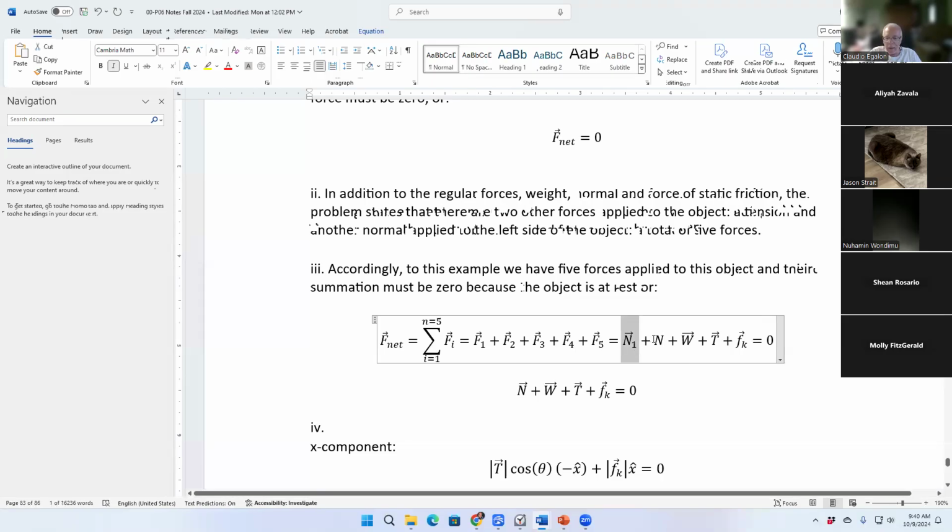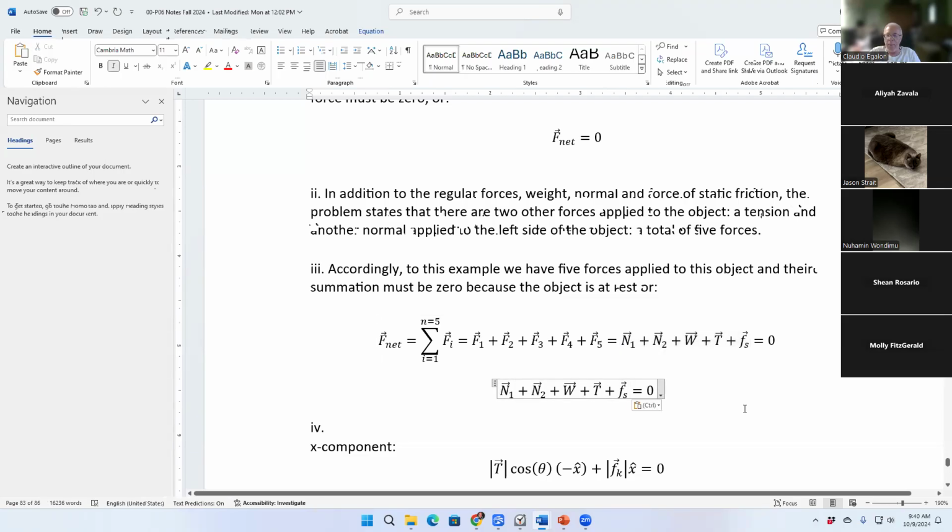And because the object is at rest, the force of static friction is equal to 0. I will copy all this vectorial summation and put it here.